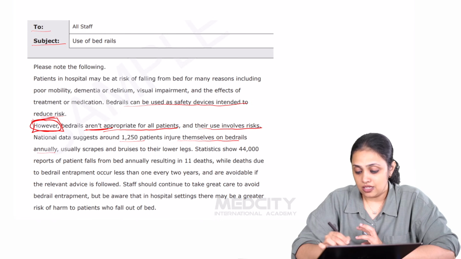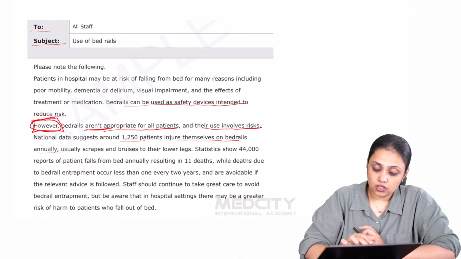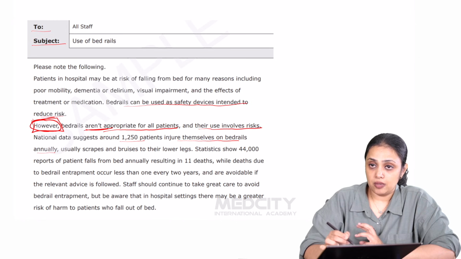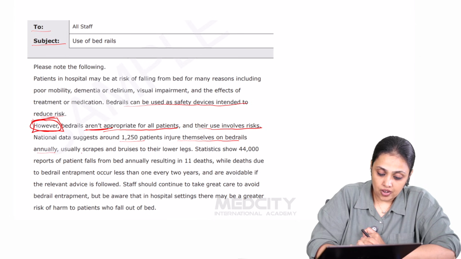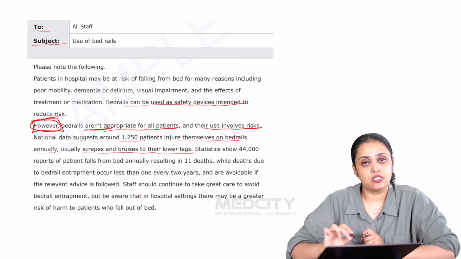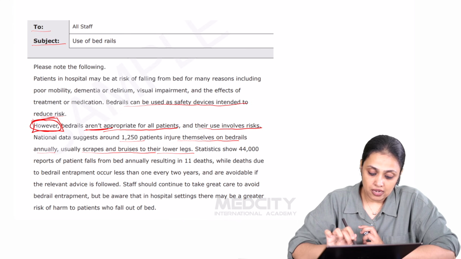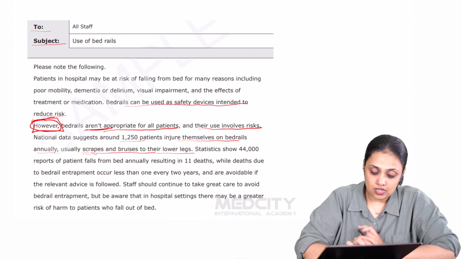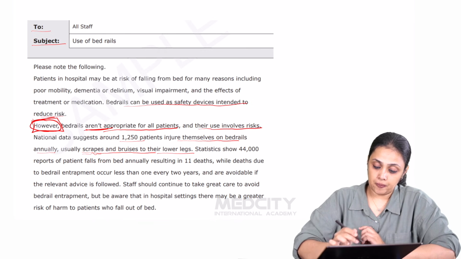So that is the risk that they have talked about. As per the statistics, around 1,250 patients injure themselves on bed rails, usually scrapes and bruises to their lower legs. So the kind of injuries or the kind of risk involved is that through this bed rail, it can result in scrapes or bruises being formed on the patient's lower legs.